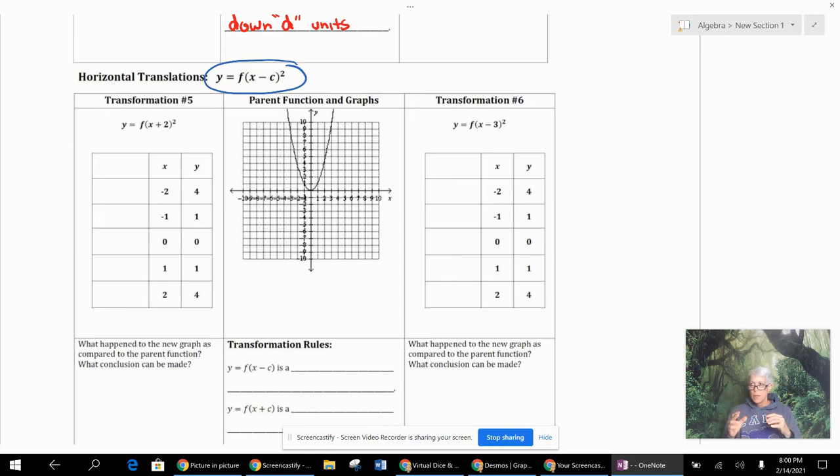And so this +2, as much as you might think that it's going to move to the right, it's actually going to cause it to move to the left. Now remember, the y is up and down, x is back and forth. So these are going to be horizontal translations.